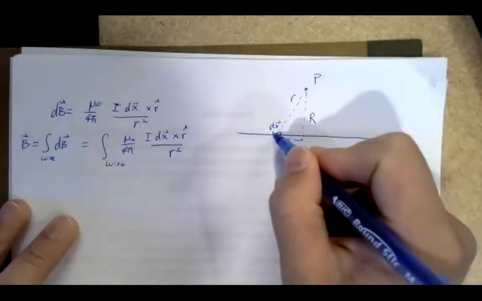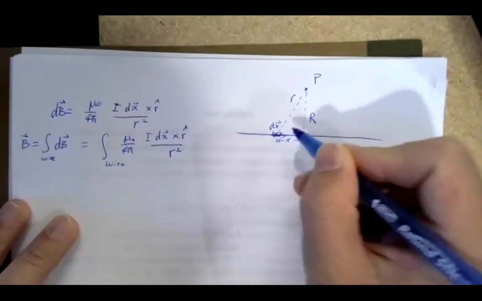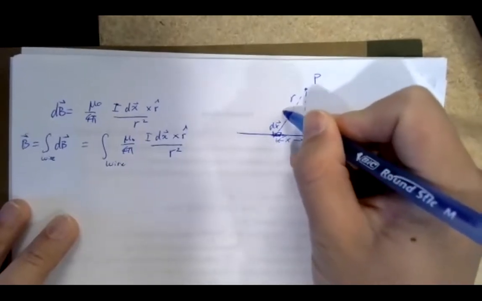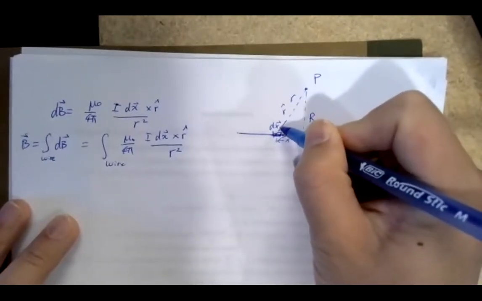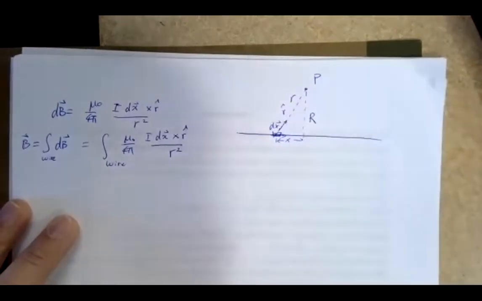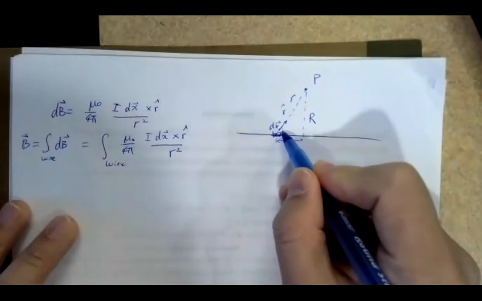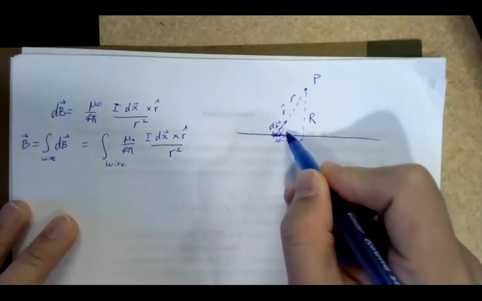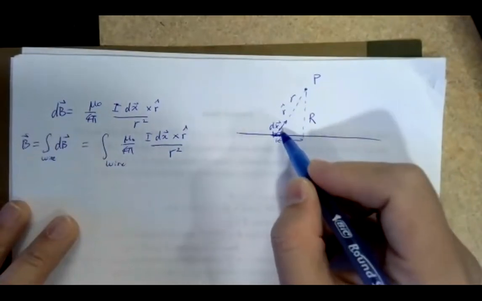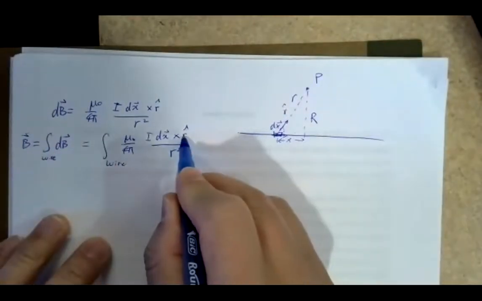So dx, your dx will be in this direction. All right, that's your r direction. That's your r hat direction from source to that point. Okay. So when you have dx cross that guy, it will give you, because dx will have a magnitude of dx, without the hat, and then this is 1.